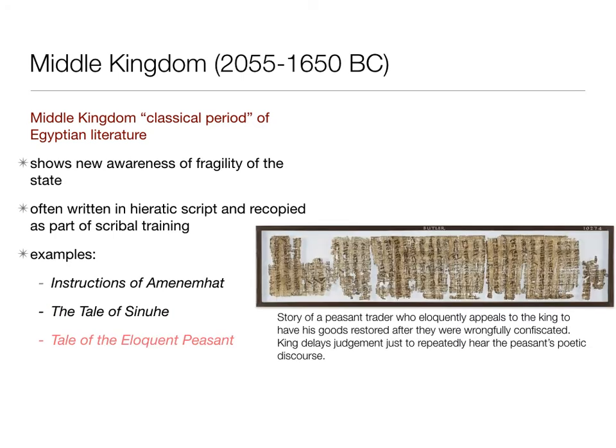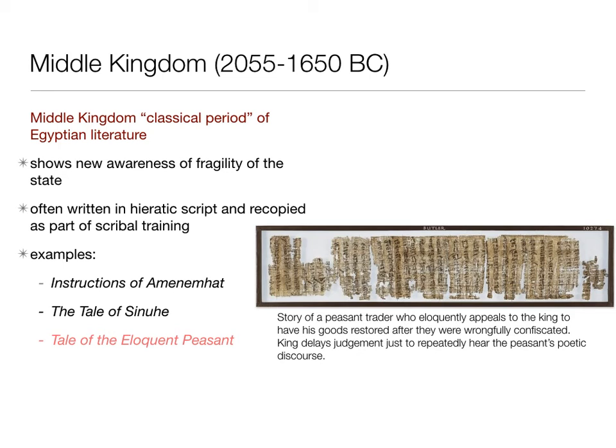Another kind of famous tale, the Tale of the Eloquent Peasant, which is the story of a farmer, trader, kind of a peasant guy who's wandering around, and he is deprived of his goods and his donkey, and a local overseer accuses him of being a thief and confiscates his goods.